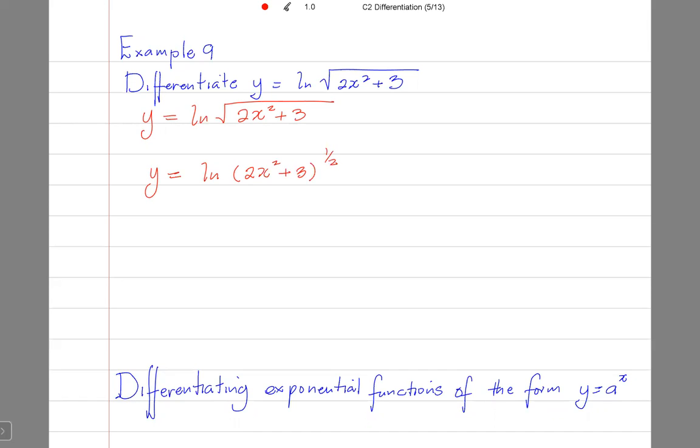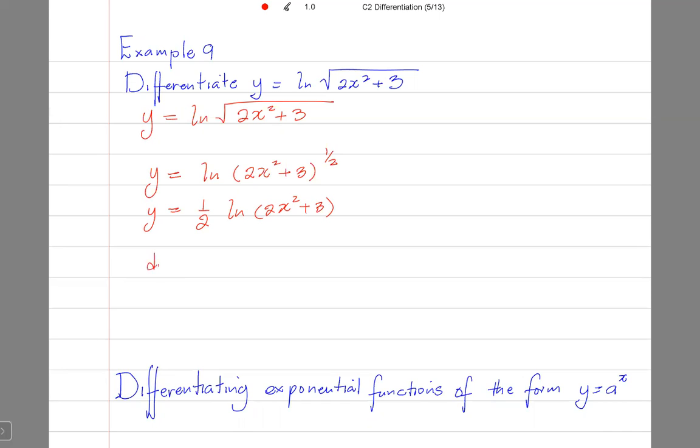Tell me if you agree. Yes, sir. Now I'm going to push the power to the front, which is something I can do with logs. So I'm going to have y is equal to a half ln 2x squared plus 3. Do you agree? Yes, sir.